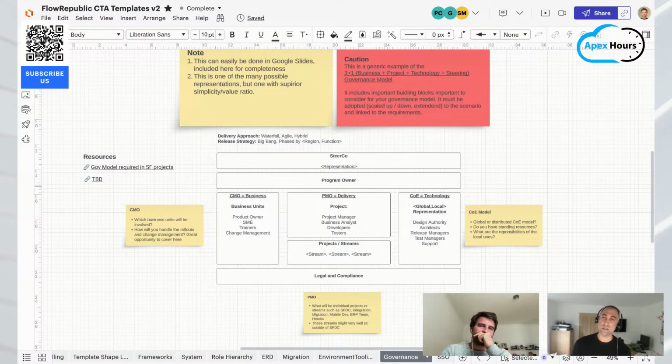Now, in that situation, it's highly likely that they're operating with some degree of autonomy, and therefore will have their own steer codes individually that feed into an overall governing board. So this diagram in that case looks very different.